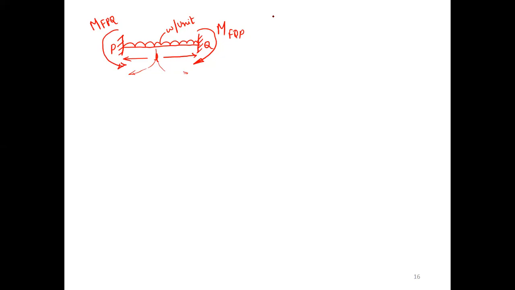What is MFPQ? Any idea? What is the fixed end moment? Minus WL square by 12. It's a load, so WL square by 12, not omega. Here similarly MFQP is plus WL square by 12.